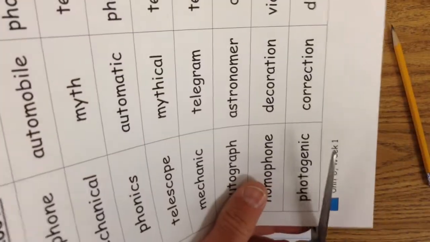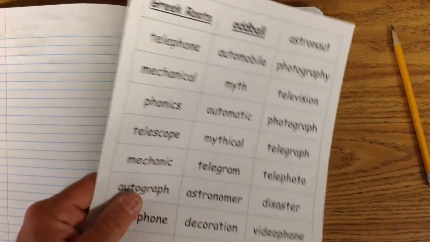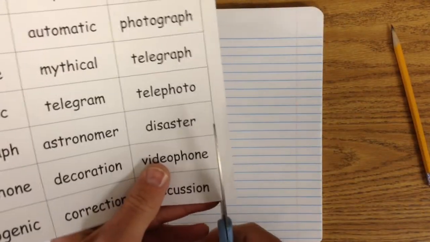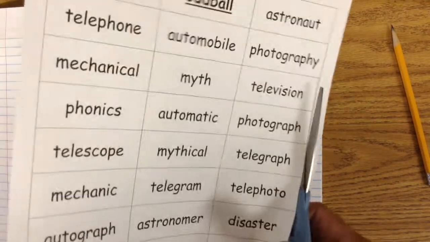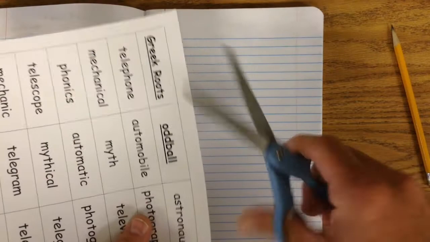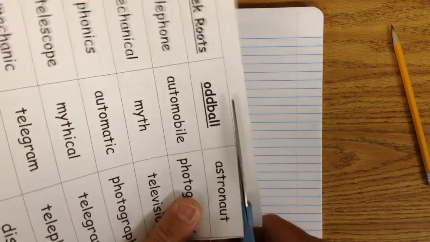Now, it looks like we are going to be doing some of my favorite. We've been talking about all different kinds of things: suffixes, prefixes, verbs, nouns, capital letters, all kinds of stuff. But now we get to the good stuff.